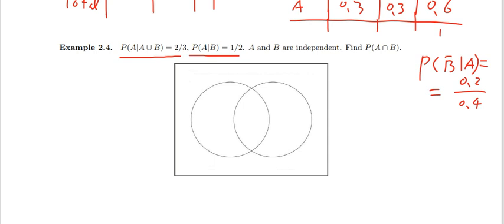And we also can use a Venn diagram. Suppose this is for A, and this is for B.